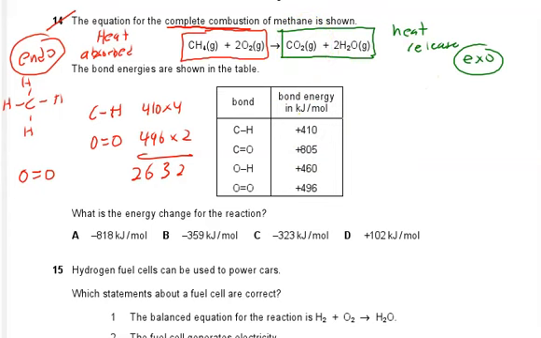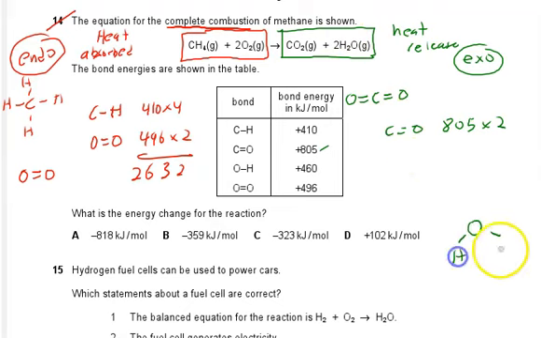Now for the carbon dioxide, it is a C double bond with O, which is 805 multiplied with 2. And let us look at water. Water is O and H. So they have an OH, and not forgetting the number 2 in front here. So they have 4 bondings. So 460 multiplied with 4.